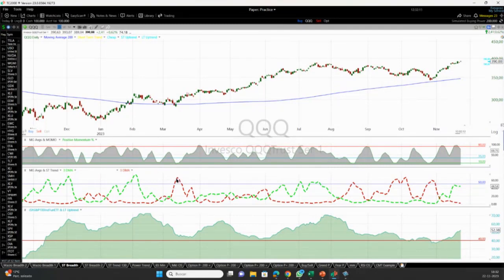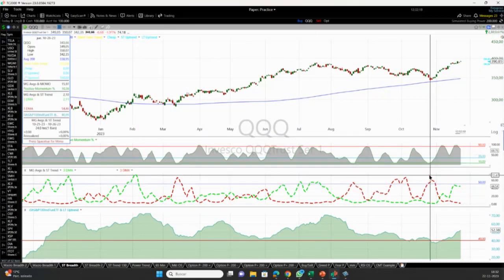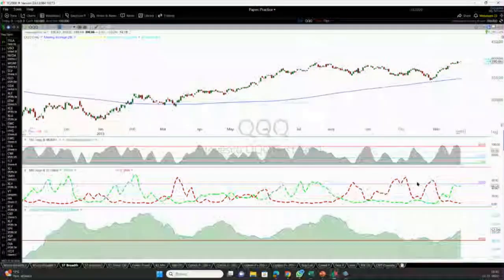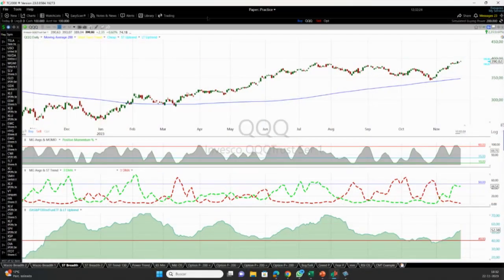For example, with the sentiment surveys, when you see these indicators at these extremes, most of the time they coincide with extremes in sentiment surveys. Recently, we had extreme fear in the CNN fear and greed index, I remember, and we were getting oversold signals from our breadth studies.